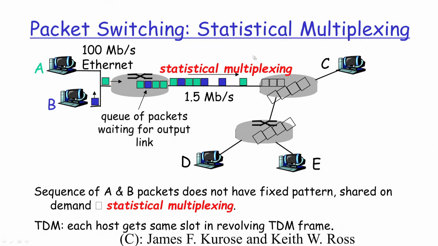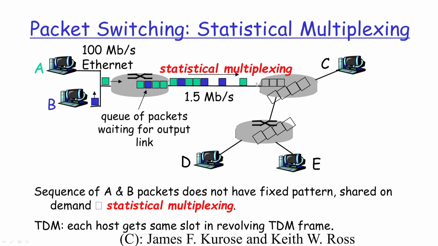So, this whole concept of multiplexing a single link for the different users, and the packets that are originated by these different users sharing a single physical link, is what is referred to as statistical multiplexing.